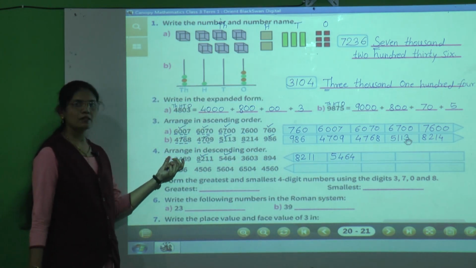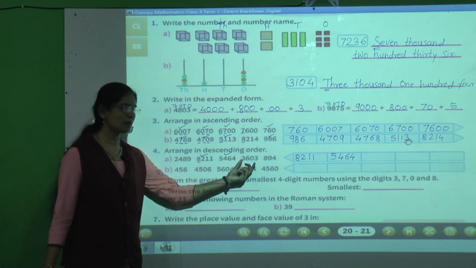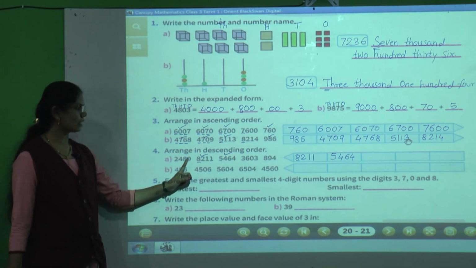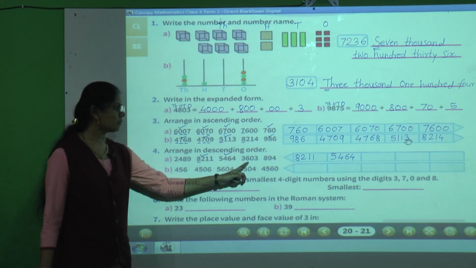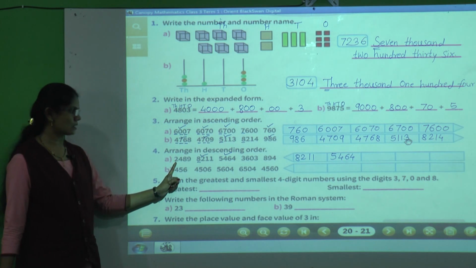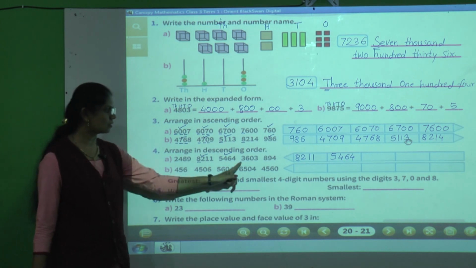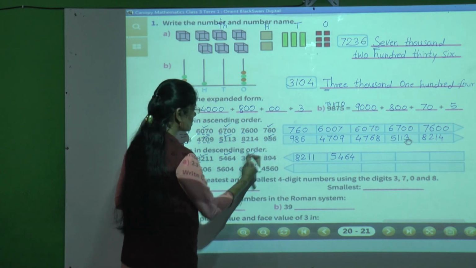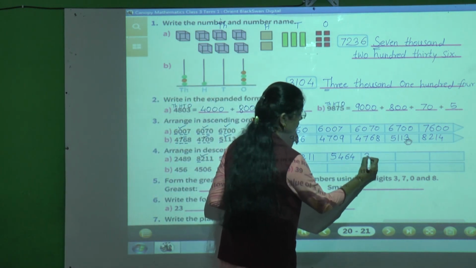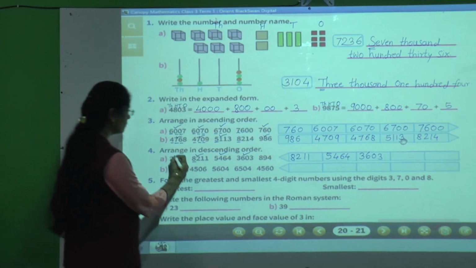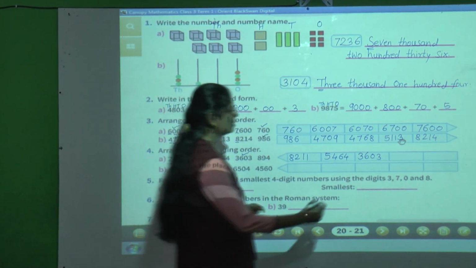Now which are the 4-digit numbers remaining? 3603 and 2489. In between these two numbers, here 3 is there at thousands place, here 2 is there. So 2 is smaller than 3, we have to write the greater number. So we will write this 3603. Then 2489.